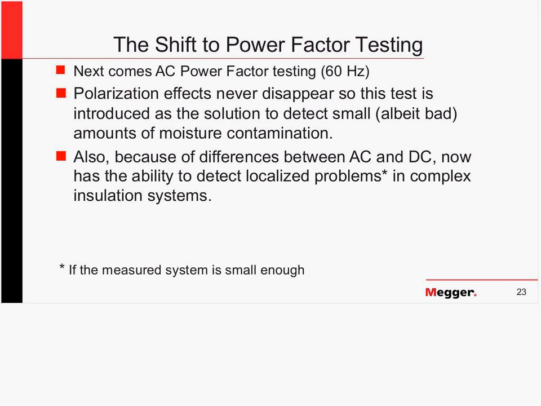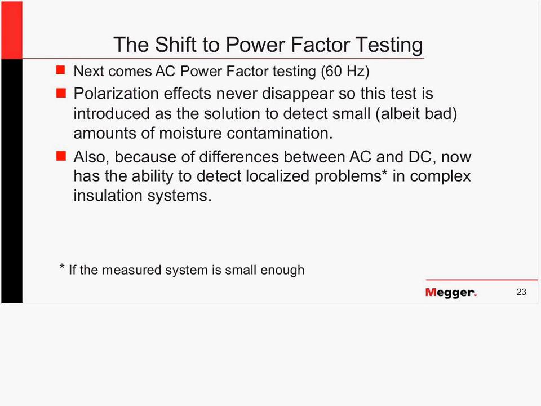Also, an advantage of AC testing in the power factor test world was that, because of the difference between AC and DC, you could suddenly detect localized problems in complex insulation systems. This was very desirable. I put a caveat in here, though, because you have to be realistic.